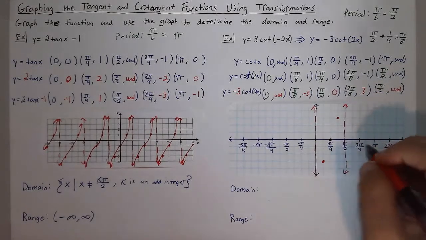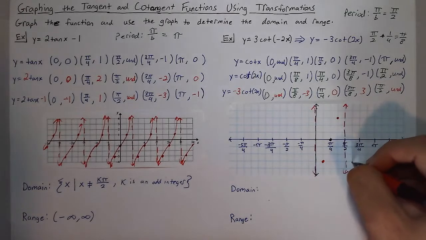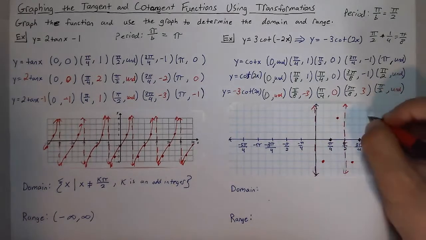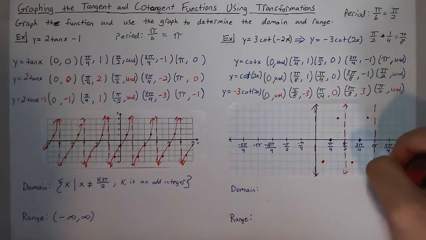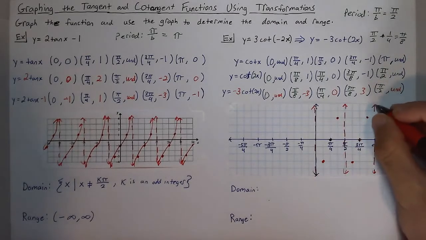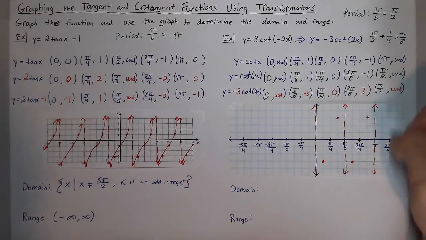Again, continuing the same pattern, after the asymptote, it's -3, then 0, then 3, then the asymptote again. And then -3, 0, then 3, and then an asymptote at this very edge of my graph paper.